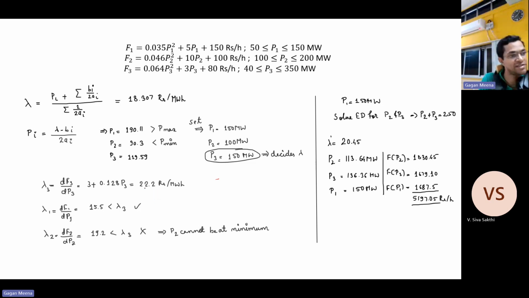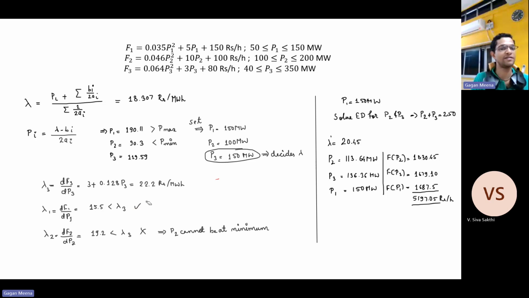Now we have to check the condition. For the generator which has hit the maximum limit, its incremental cost should be less than this lambda. And the generator which has hit minimum limit, its incremental cost should be more than the lambda. We have to verify that. If we calculate lambda 1, it has hit the maximum limit, its incremental cost should be less than lambda.